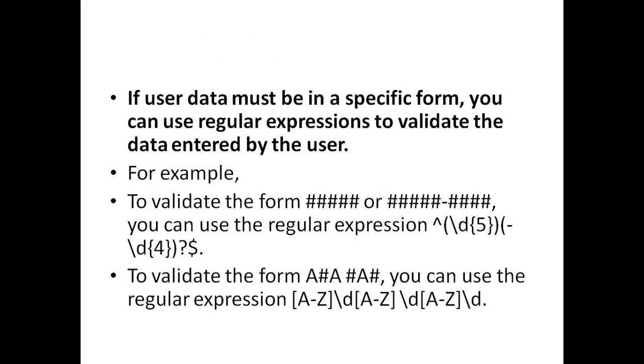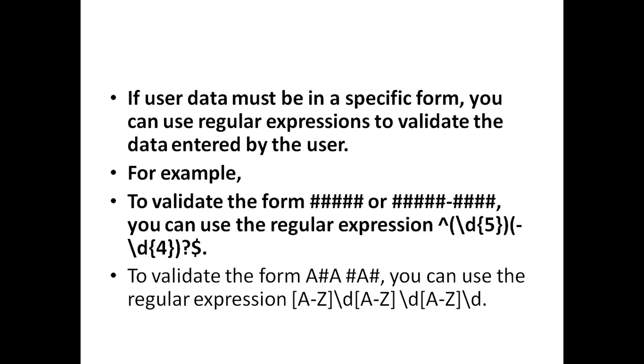If the user data must be in a specific form, you can use regular expressions to validate the data entered by the user. For example, to validate the form with 5 digits or 5 digits, dash, and again 4 digits, you can use the regular expression like this.